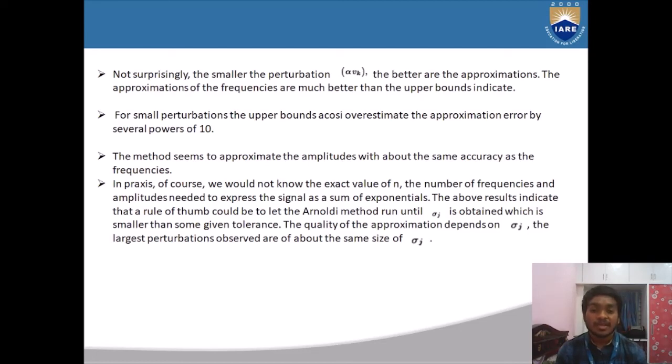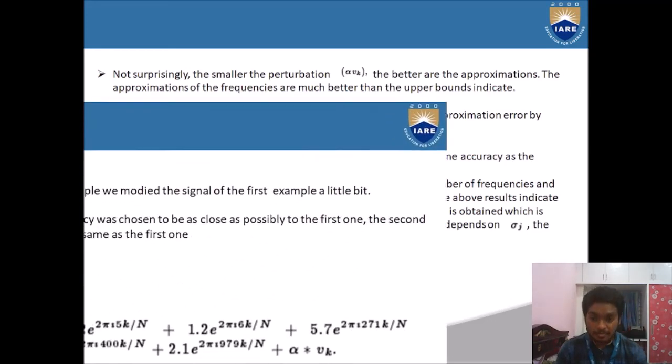The above results indicate that a rule of thumb could be to let the Arnoldi method run until a sigma_j is obtained which is smaller than some given tolerance. The quality of the approximations depends on sigma_j, the largest perturbation observed.